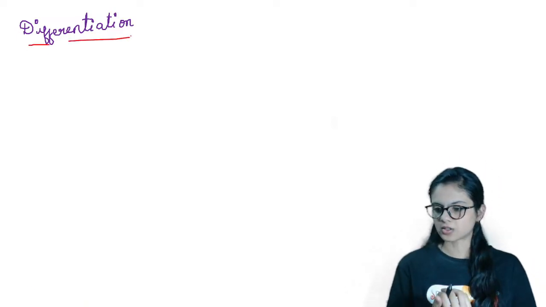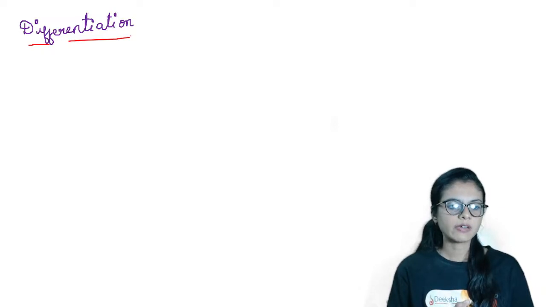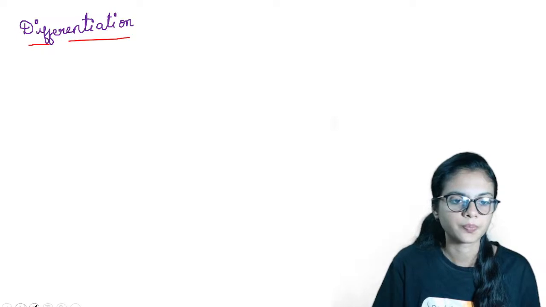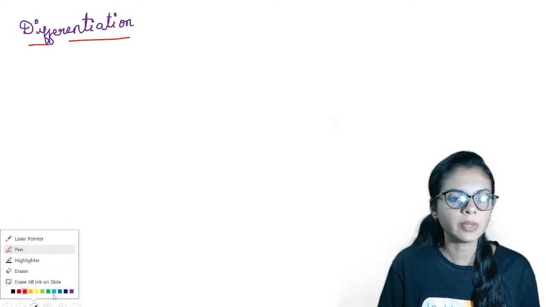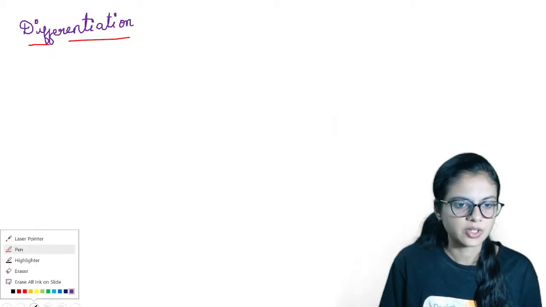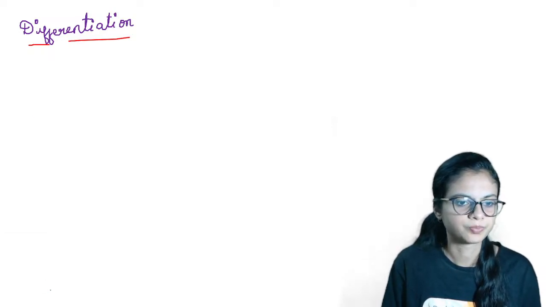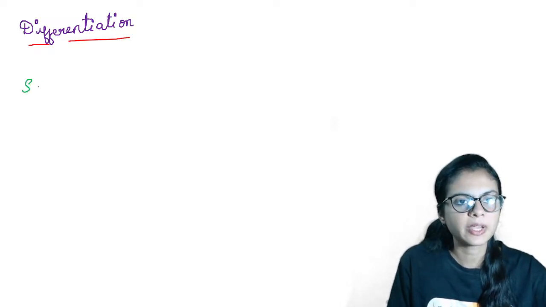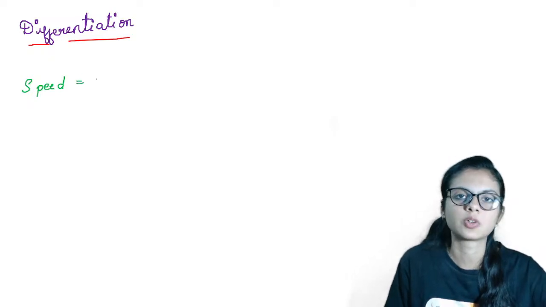See, first, studying about differentiation. Why do we require differentiation in our physics? Let's understand that. So tell me, if I want to calculate speed, what is the formula I should use? We have already studied about this, right?